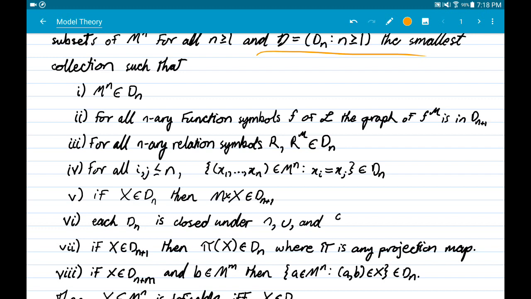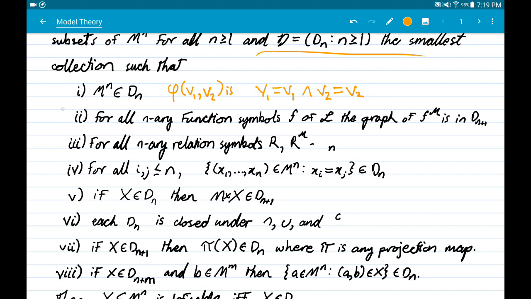For instance, if I wanted to get the set of all pairs, then I could take my formula phi(v1, v2) to be the sentence, and I should say this is to not confuse it with the equal symbol in the language, v1 equals v1, conjunction v2 equals v2, and in fact every pair will satisfy this formula and therefore be definable, and therefore we would like to have the set of all pairs in D_2, and likewise for any other integer.